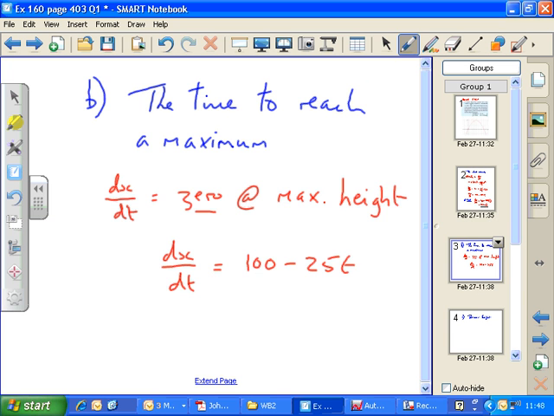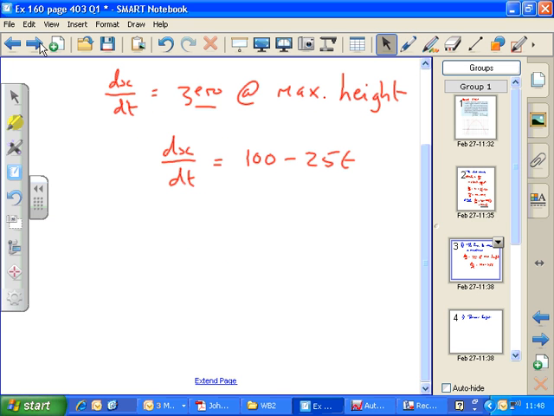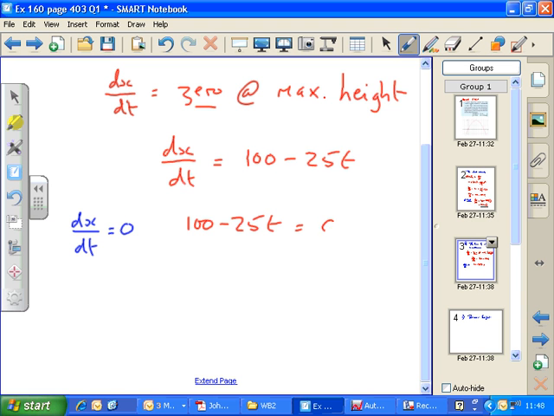So what we need to do is set dx by dt equal to 0 at the maximum height, then we've got 100 minus 25t equals 0. Adding 25t to both sides, 100 equals 25t, dividing both sides by 25, t equals 4 seconds. So the time for this missile to reach the maximum height is 4 seconds.